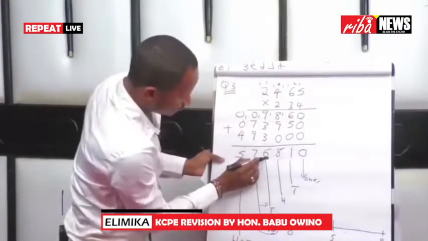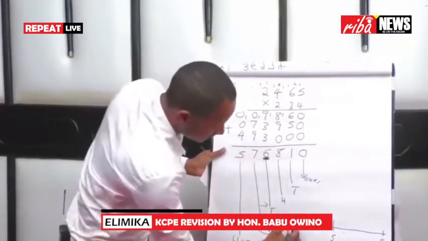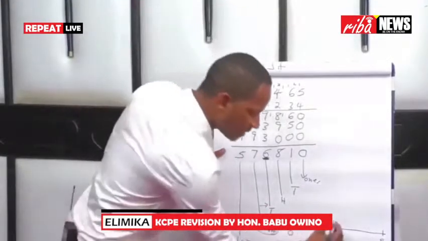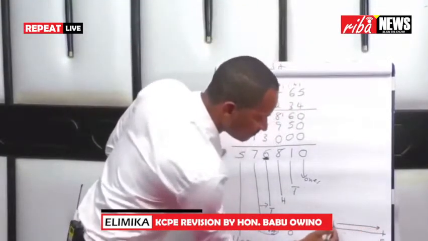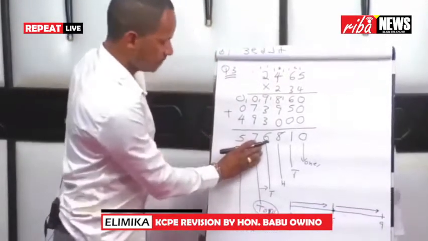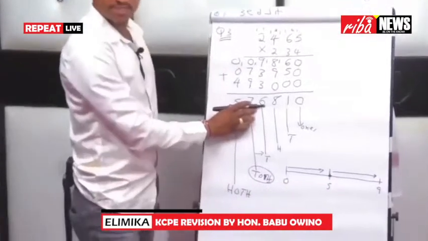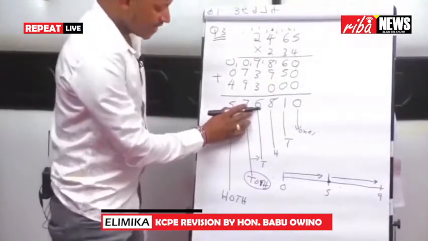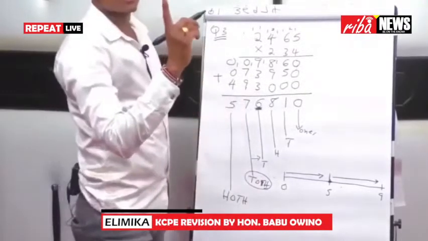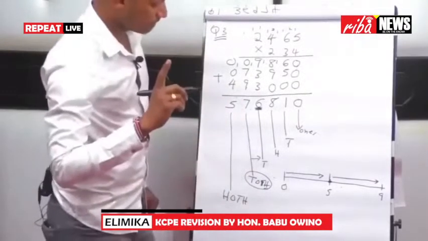Is the number we are focusing on less than 5, or is it more than 5? Be careful. If the number is more than 5, which it is, 6, then the tens of thousands increases by 1.